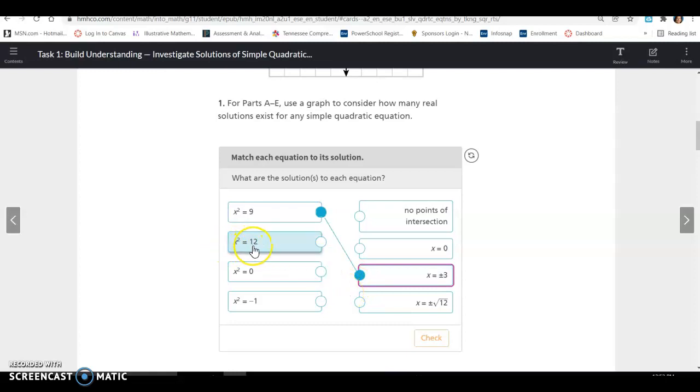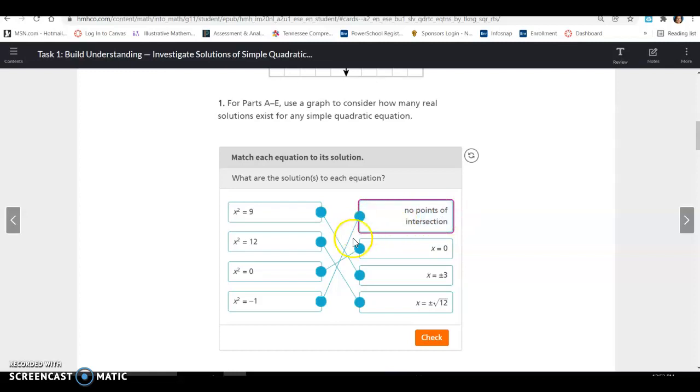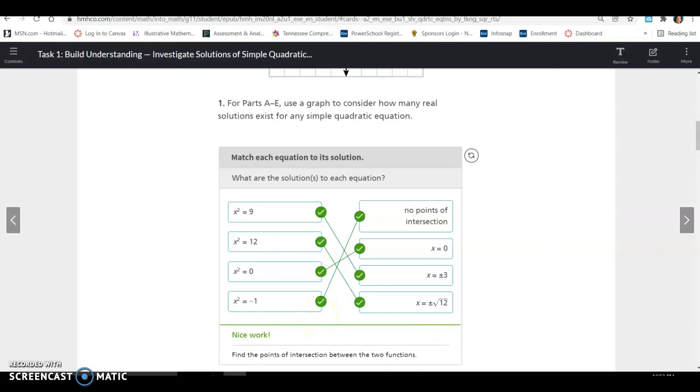And if we take the square root of 12, we get plus or minus the square root of 12. If we take the square root of 0, we just get 0. There's not a plus or minus. 0 is neither positive nor negative, so we just get one solution there. And if we take the square root of negative 1, we get an imaginary solution, so there are no real solutions. That means there's no point of intersection for this quadratic equation.